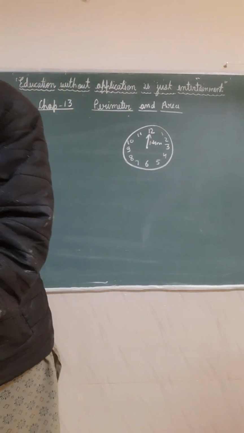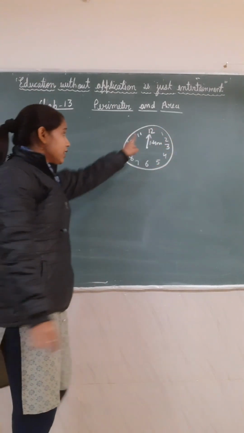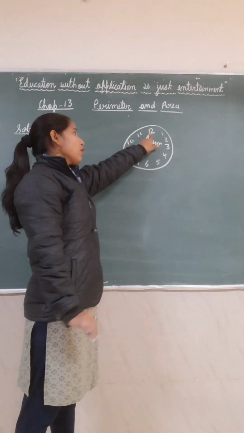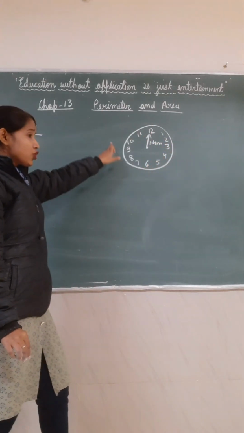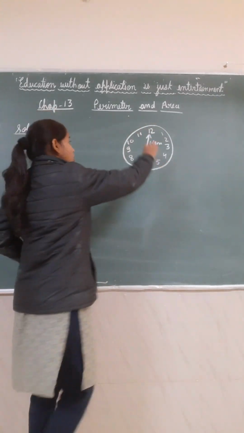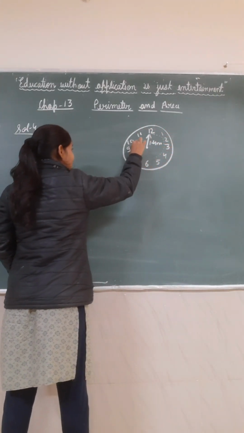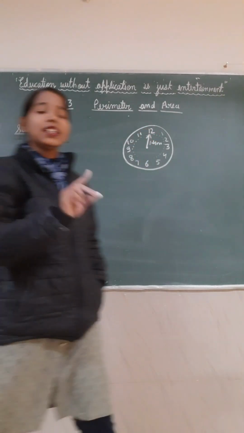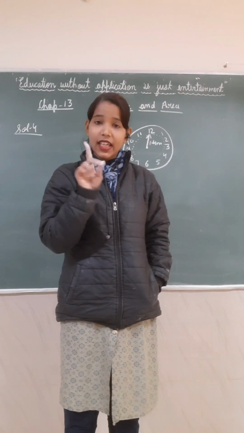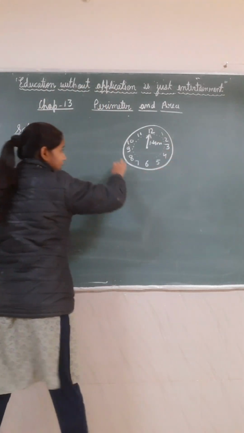So class, tell me, if it revolves for 1 hour, it started from 12. If we start from 12 and it takes 1 revolution, 1 hour means here and again it will be on 12. It takes 1 revolution, 1 circular distance it covers.